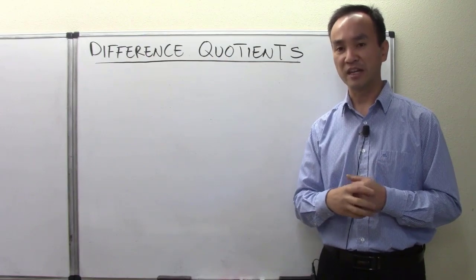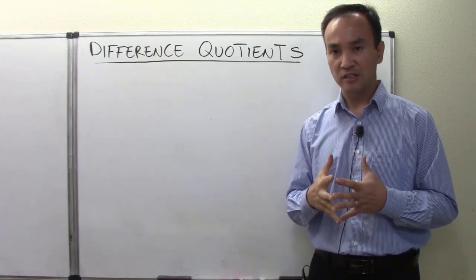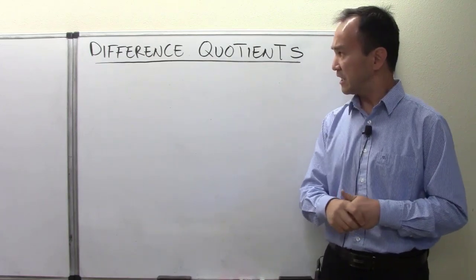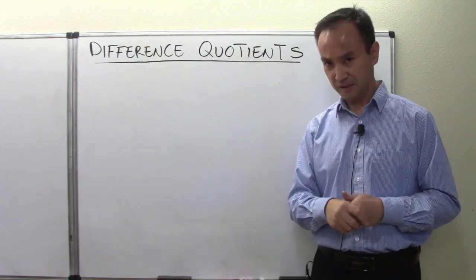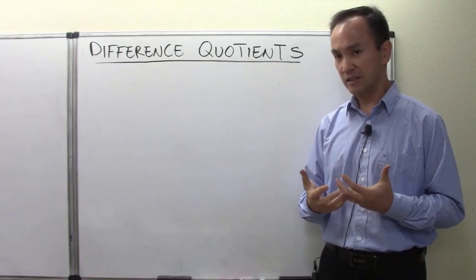So that the student will have a focused and emphasized instruction about this particular topic. I will introduce what a difference quotient is, and we will have a good look at different examples.